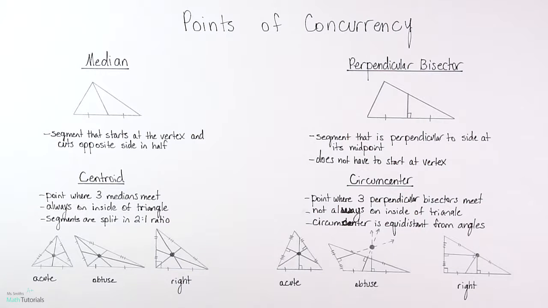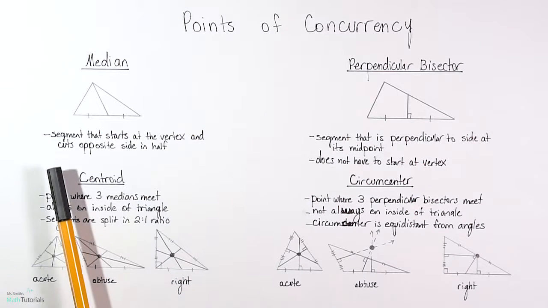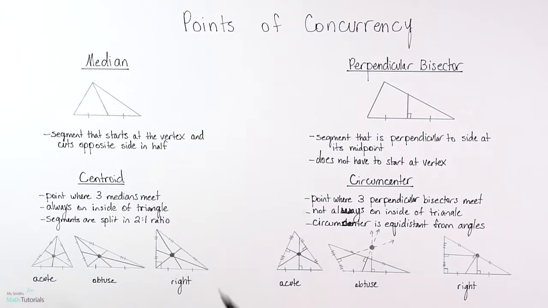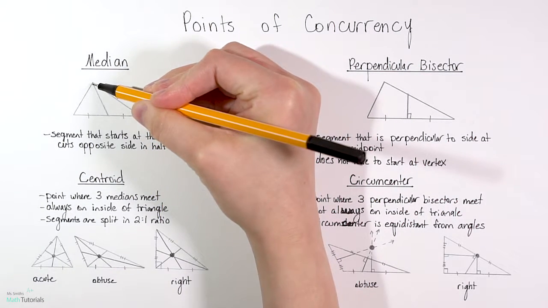So the first segment that we're going to talk about is going to be medians. A median is a segment that starts at the vertex. When it says vertex, that just means it starts at an angle of a triangle. Notice in this triangle, it starts up here at the angle.